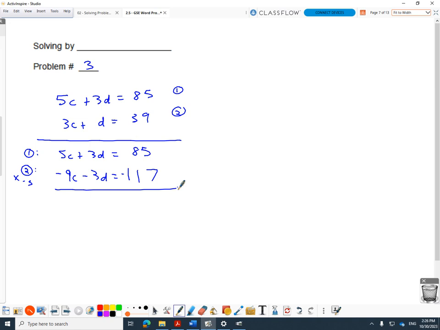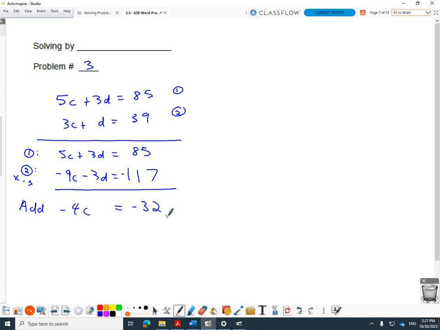All right, if you're still having trouble with elimination, just take a look for a second. Why is that so good now? Because it's positive 3 and negative 3. So when I add those, they cancel. 5 plus negative 9, that's negative 4. 85 minus 117.